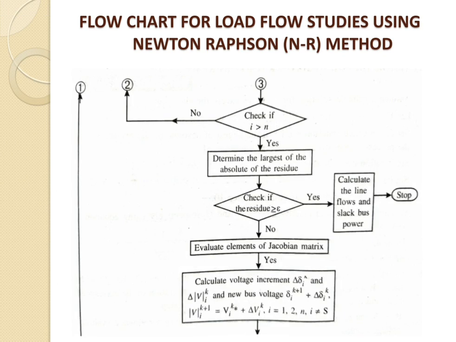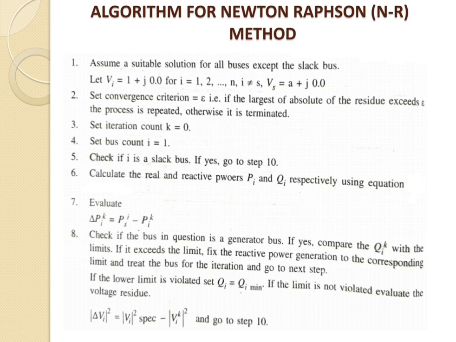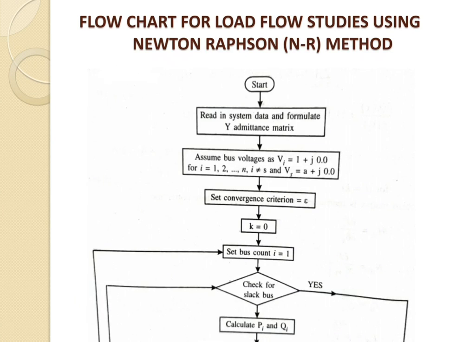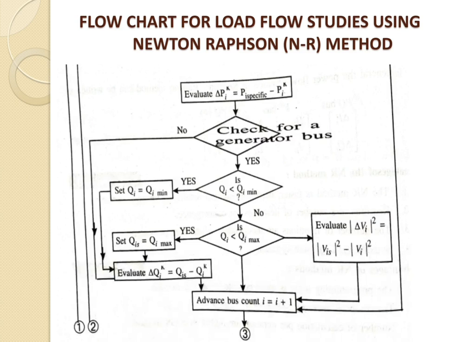Now we will go for the next step, that is evaluate delta Pik is equal to Pis minus Pik. So now we will go for the flow chart. Evaluate delta Pik, that is equal to Pi specified minus Pik.